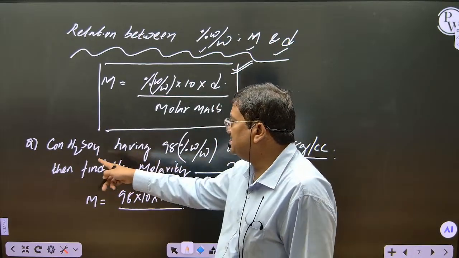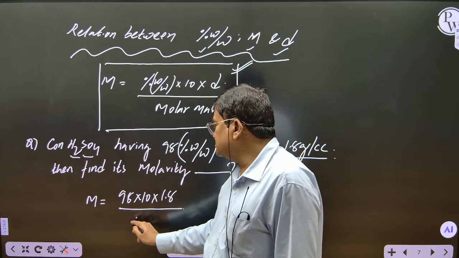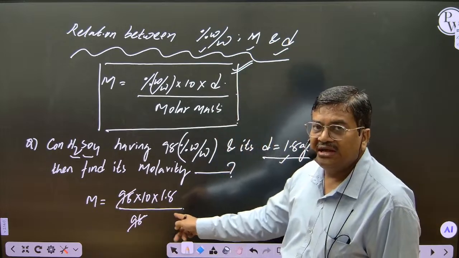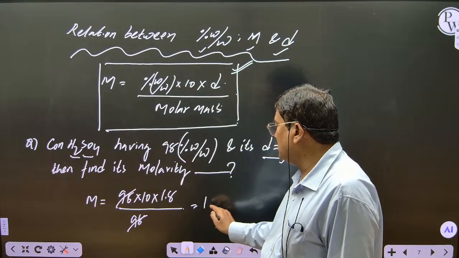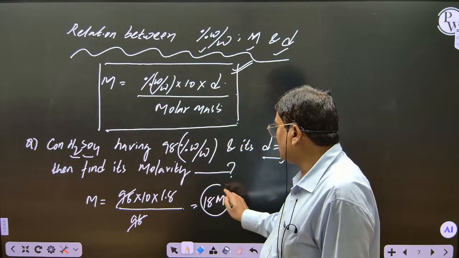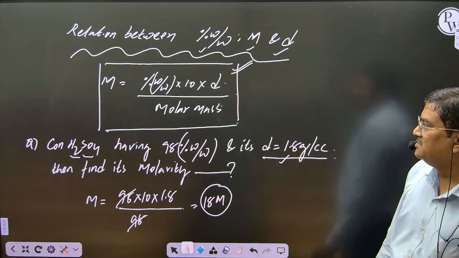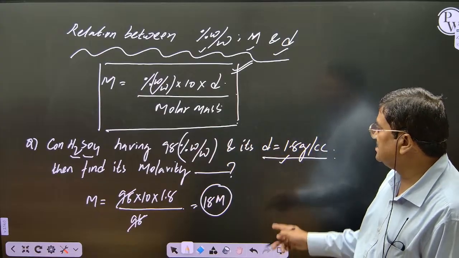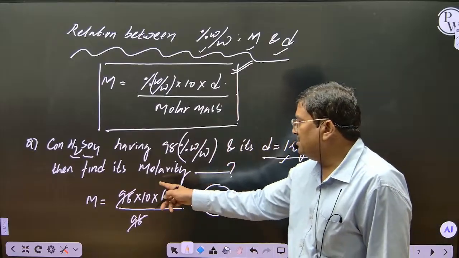When you add, algebraic sum 2 plus 32 plus 64, that comes 98. So 98 gets cancelled. So 10 into 1.8 comes how much? 18. So the answer will be 18 molar. Understood? Important model. Put a star mark for this question. So for sulfuric acid, when they give you mass percentage and density, they ask you to find what? Molarity.